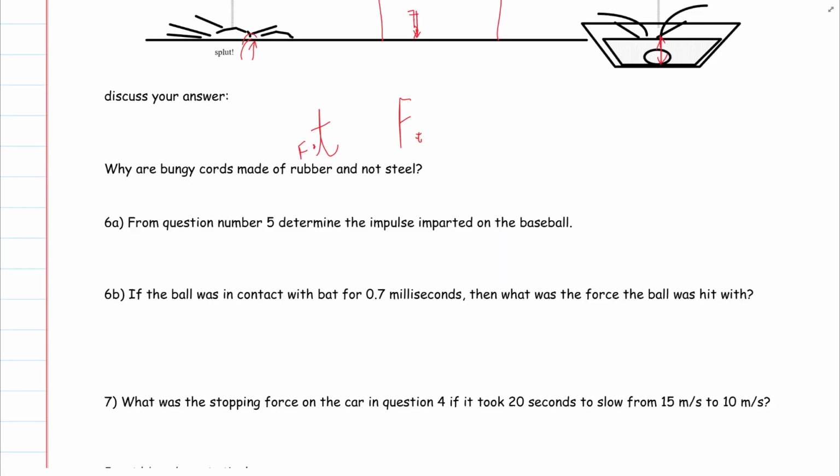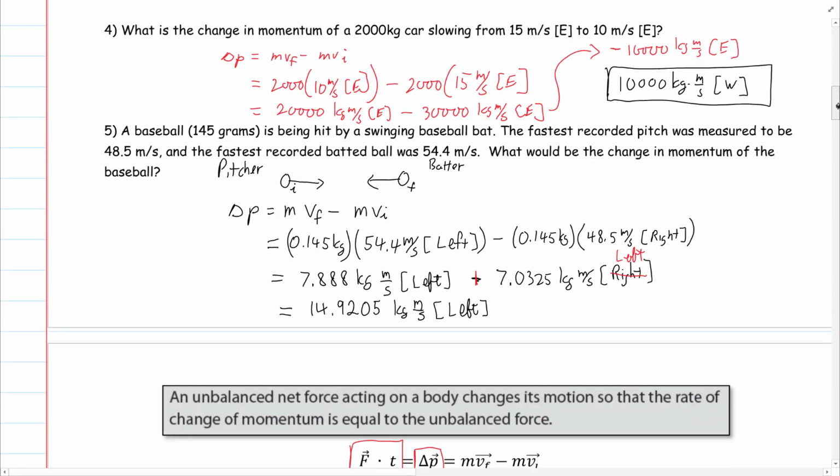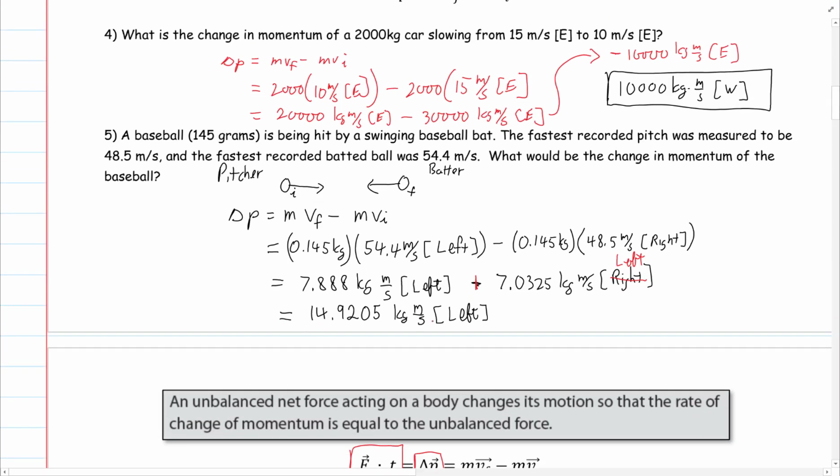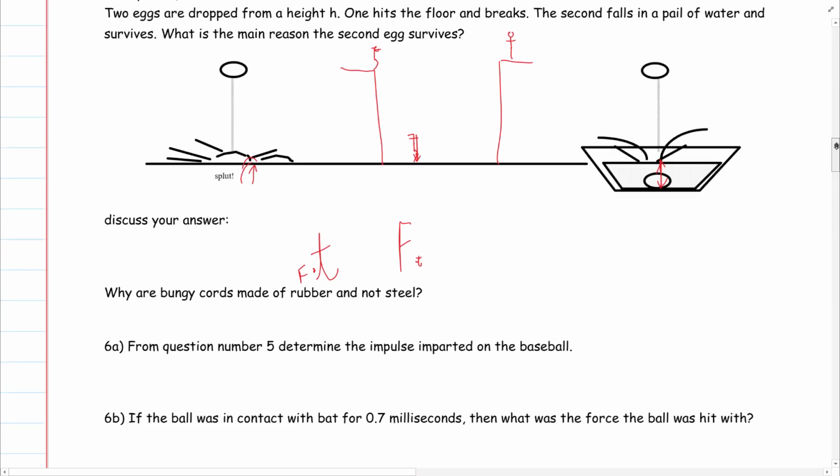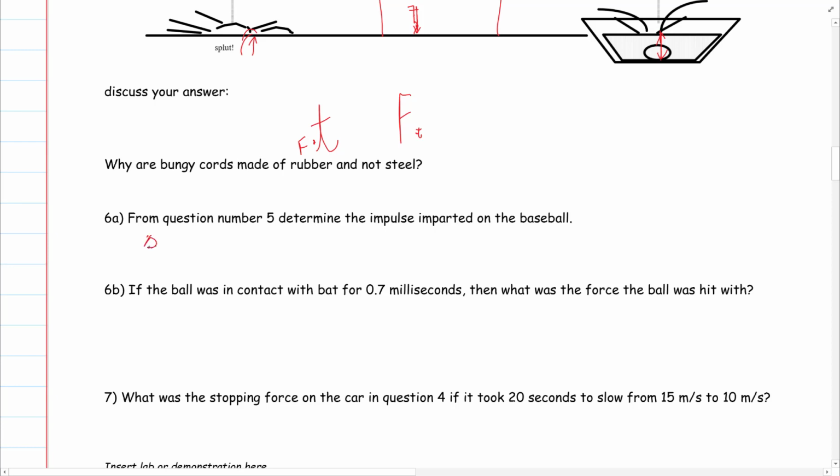Okay, let's just do question number 6A, 6B, and 7, and we'll call it a quits for this video. 6A says in 5, where the change in momentum was 14.9205 kilograms meters per second, and the direction really is towards the pitcher, whereas I drew to the left.